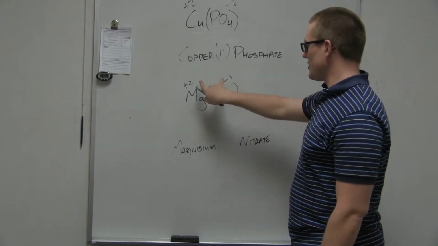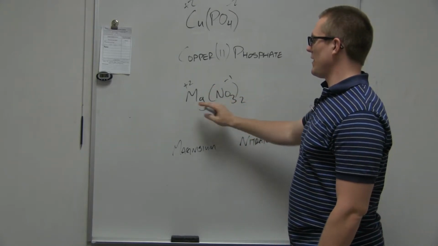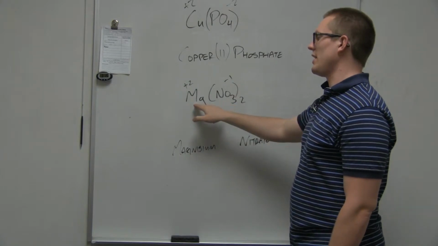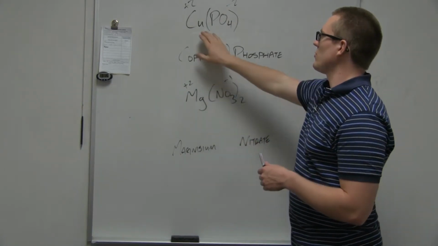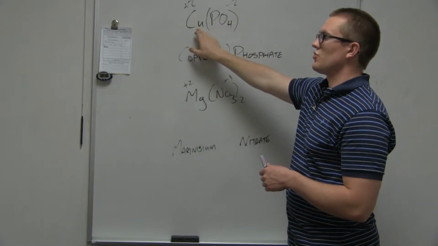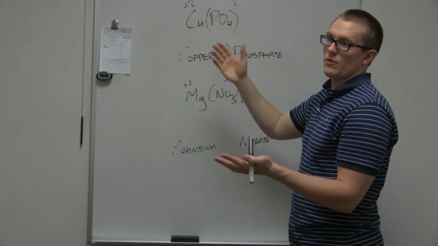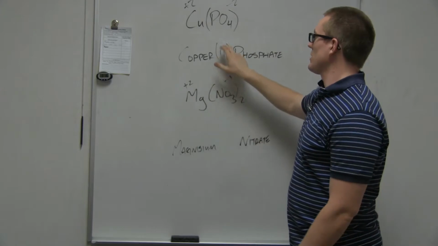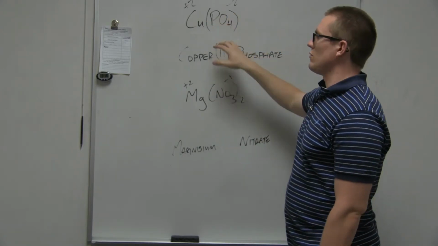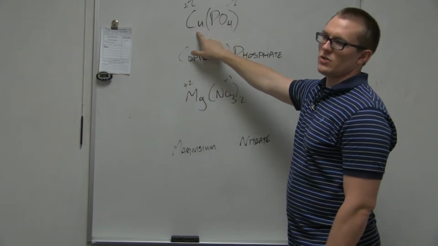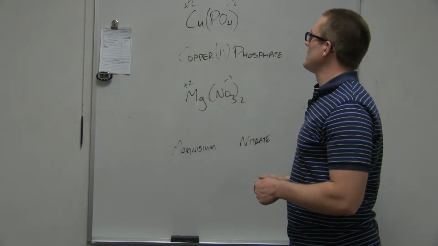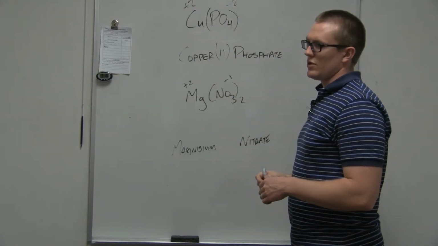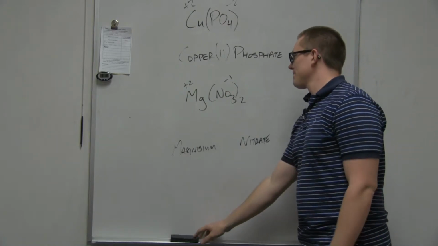You only switch the charges if the charges are set and known for that particular element. Otherwise, you double check: okay, this is a transition metal, it could range anywhere from this to this. Then you can look at the partner to this transition metal, and then you can know for sure what charge it ends up being. So did that answer your question? That made it much clearer. Okay, cool.